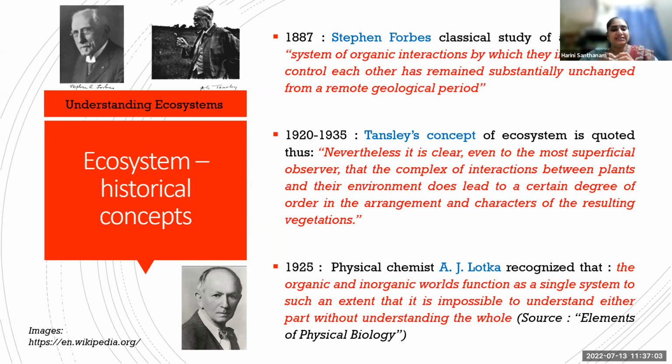Right. So what do you call this interaction of the biotic communities with the non-biotic communities? This is the very basic and fundamental concept of what an ecosystem is about.